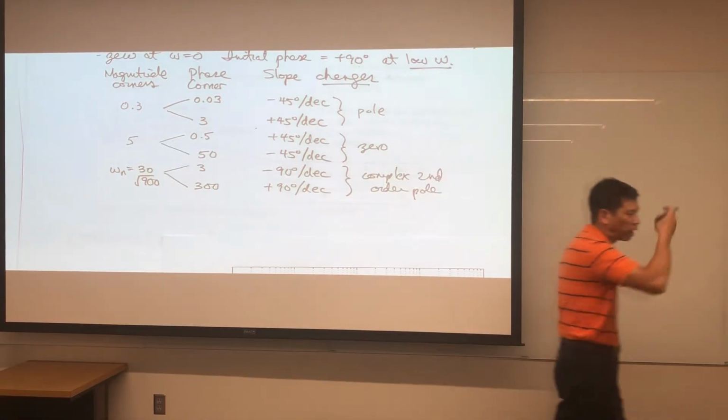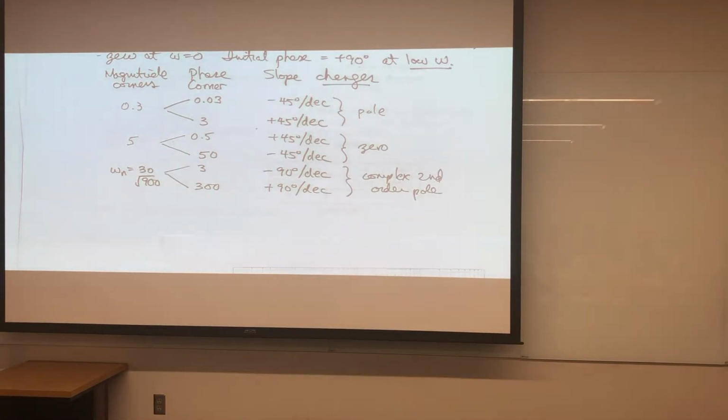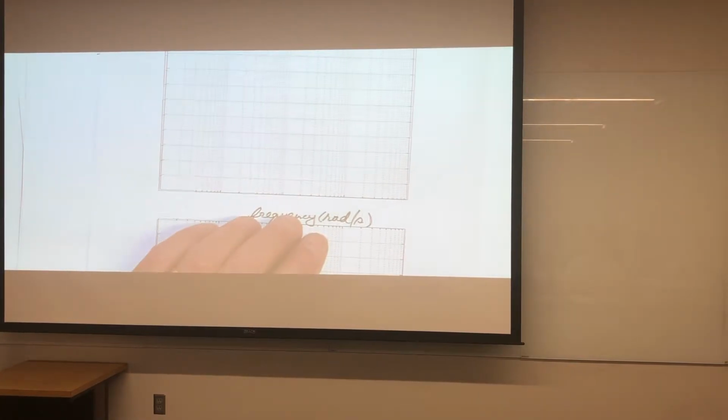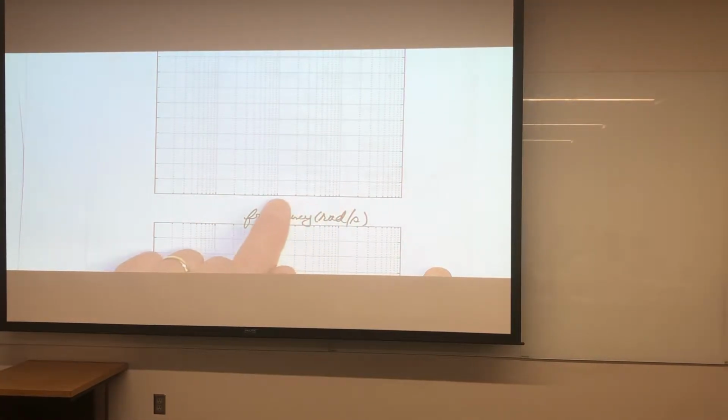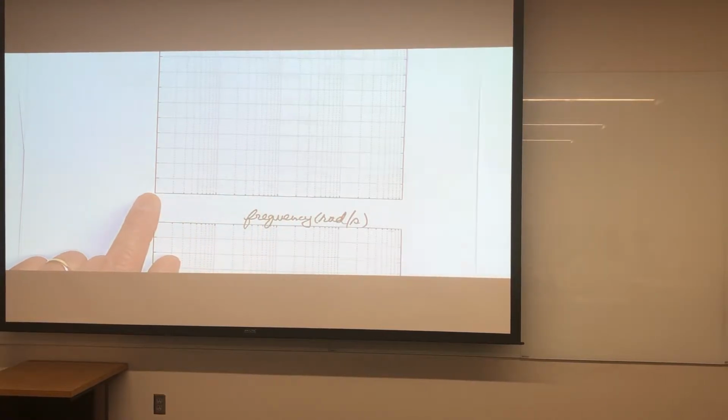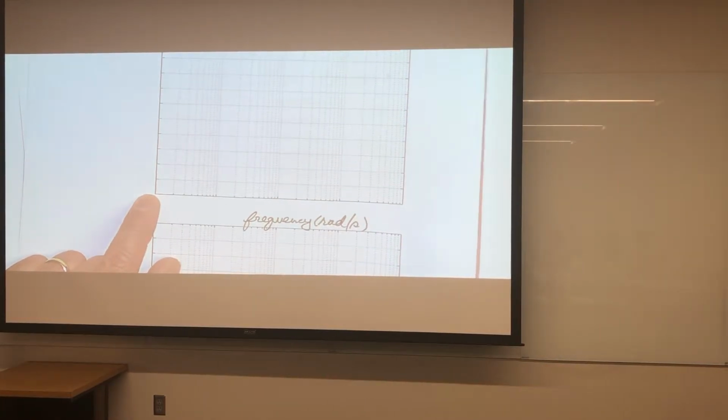So let's stare at our frequency axis and see where we would put things. Let's see, if I put 100 here, that would be 10. That would be 1, 0.1. I may be in trouble here, guys.